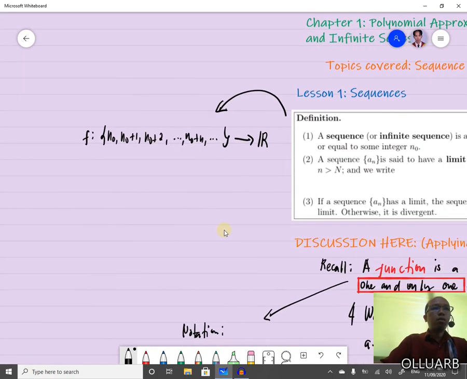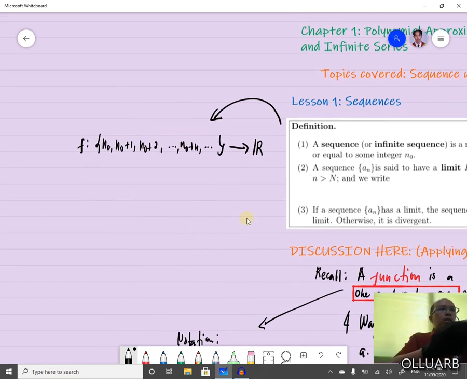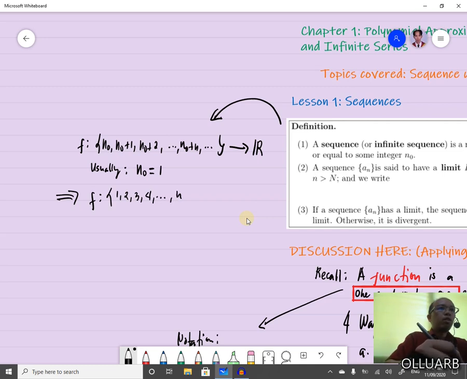But usually in your book, our n sub o is always equal to 1. So meaning to say, if it's equal to 1, then our domain now will become 1, 2, 3, 4, and so on, up to n, and it maps to the set of real numbers.